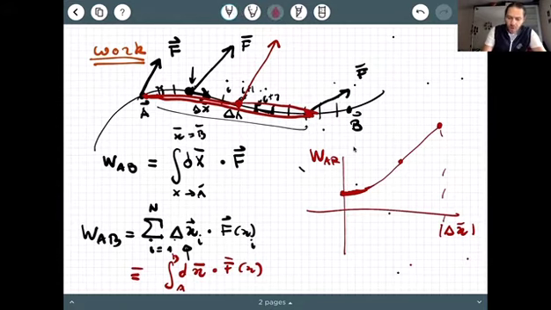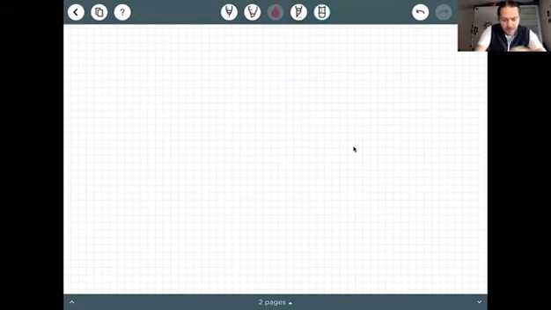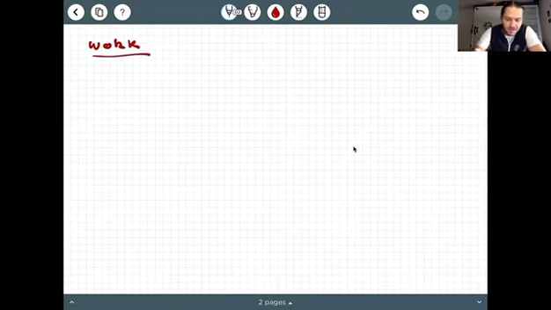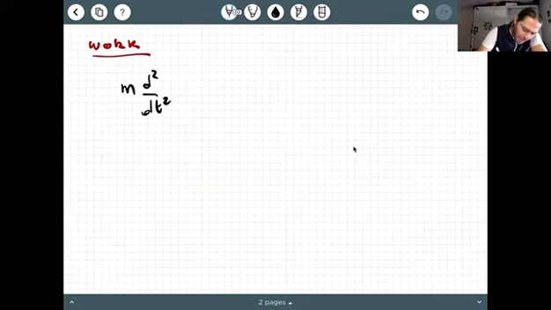Okay, so why do we need the concept of work? Why do we want to use the concept of work? Well, because work enables me to get some information about the physical system without having to solve Newton's law. And remember, Newton's law is a damn difficult equation to be solving because it's a second-order differential equation.